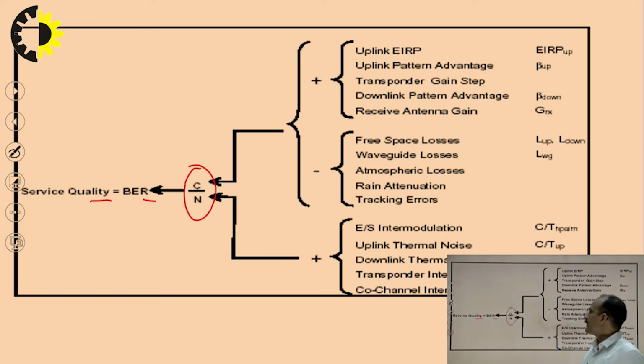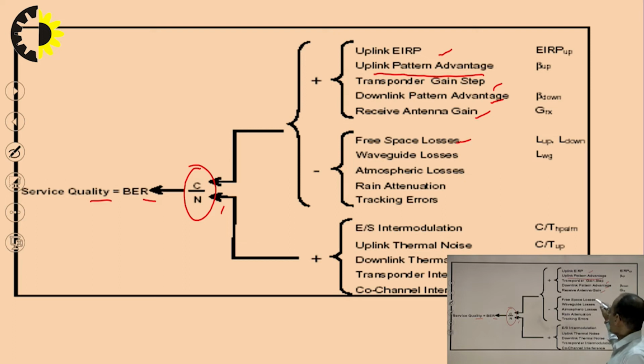That C by N ratio comes from various parameters: uplink EIRP, equivalent isotropic radiated power, then uplink pattern advantage, transponder gain step, downlink pattern advantage and receiving antenna gain. These are going to add to the carrier to noise power.